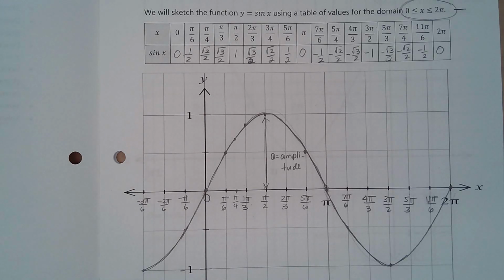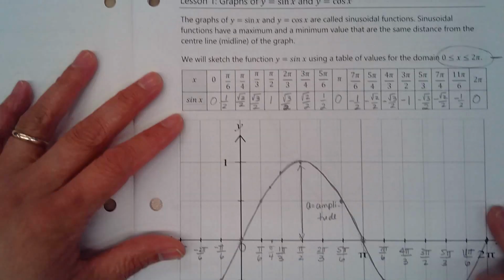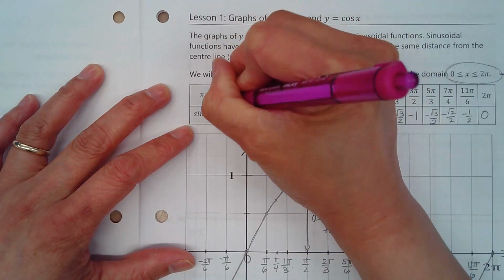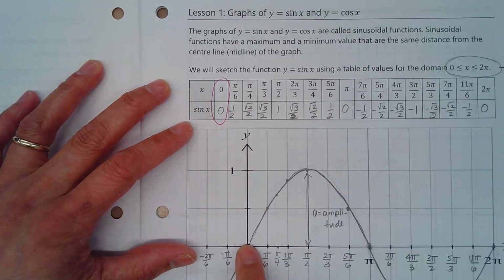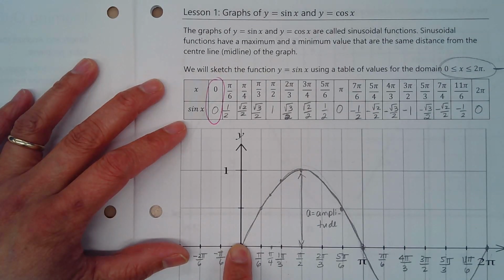If I ask you, pick the best 5 points that you can graph so that you can do the graph of the sine function. What would be the best 5? You're going to pick this, which is there. Where else?